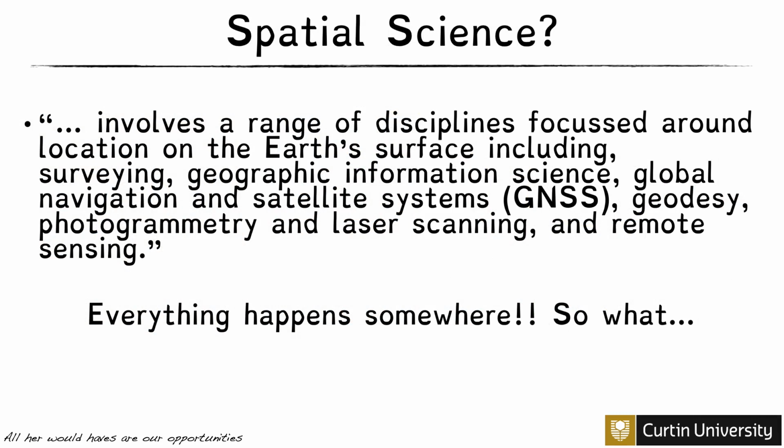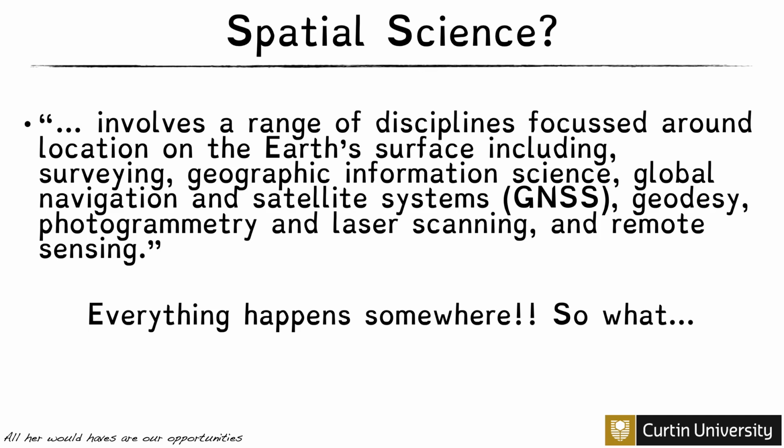So spatial science, well, I've really touched on it already. It involves a whole range of different disciplines, and its focus is one thing and one thing alone, and that is location in relationship to the Earth's surface. And there's a whole bunch of things that fall in and under that.